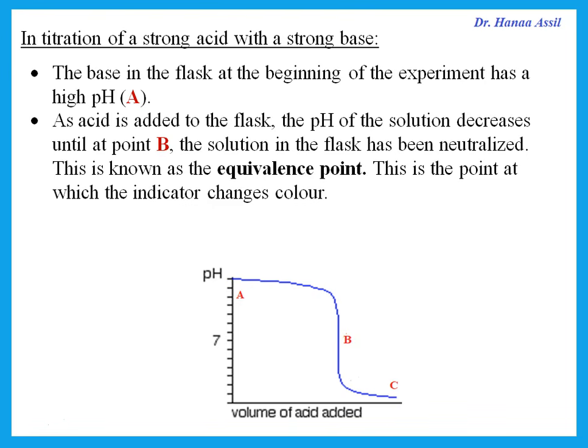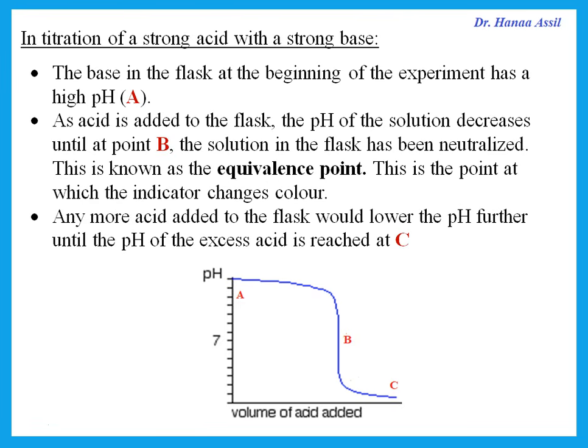And then as I add acid, the pH of the solution decreases until at point B, the solution has been neutralized. So this is known as the equivalence point. And this is where an indicator that is present would change color. Then, after that, any more acid that is added would lower the pH further until the acid is in excess.